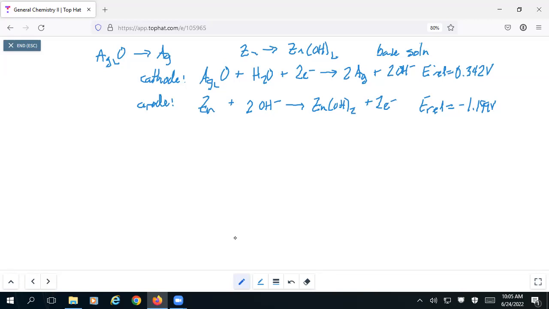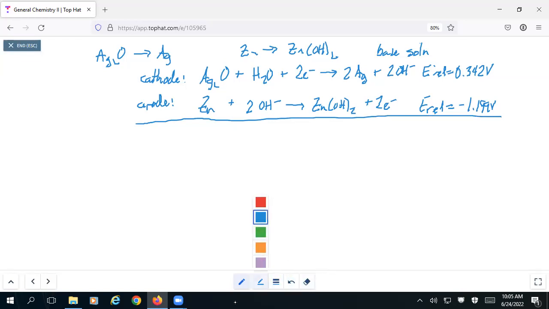The reduction potential for that was a positive 0.342 volts. And then the other one that you would find would have been the reverse of this. Zinc hydroxide plus 2 electrons makes zinc and 2 hydroxides. And the reduction potential for that would have been negative 1.199 volts. So the first thing we were asked to do was to find the net ionic equation, add all of this stuff together.